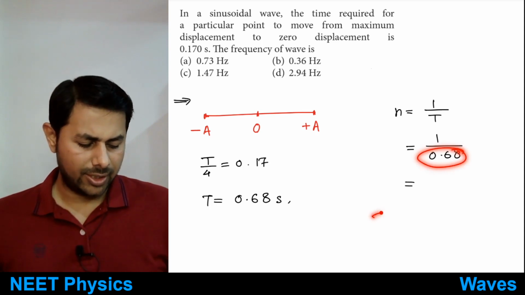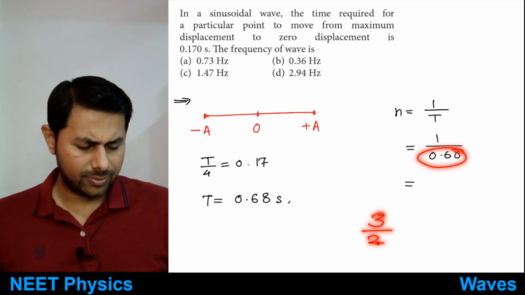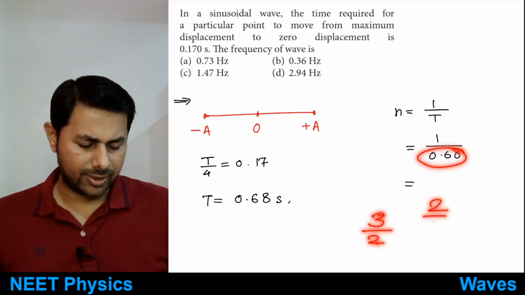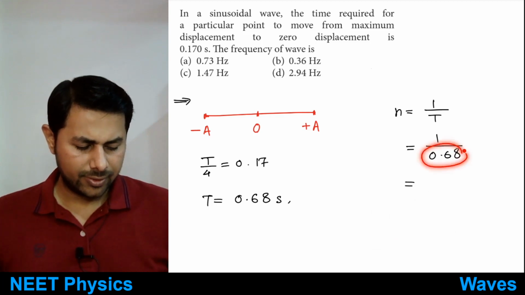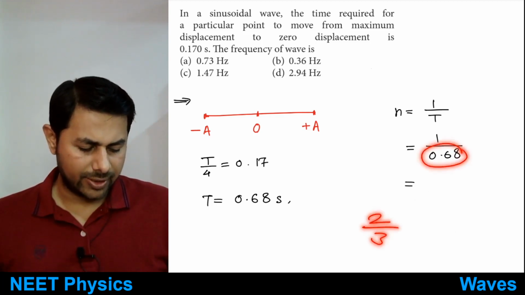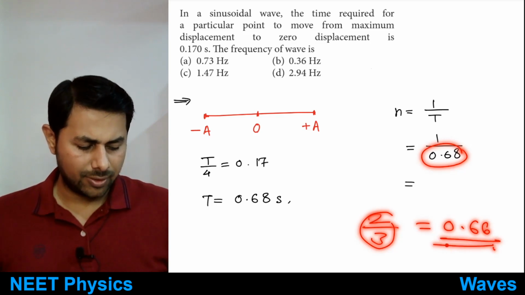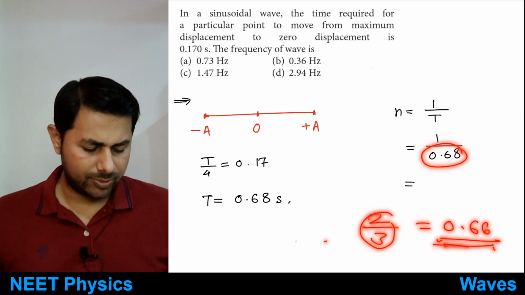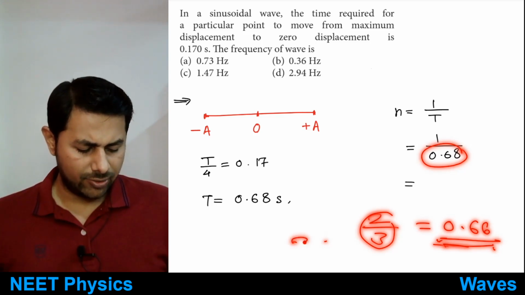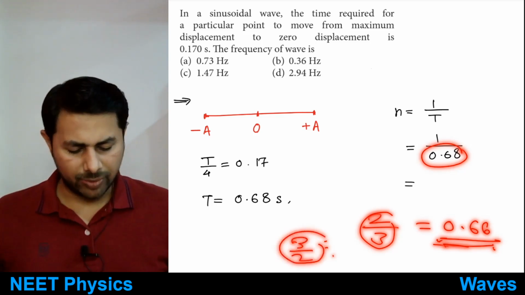Or nearly you can say this is 2 by 3. 2 by 3 would be 0.66, no? So if you take the reciprocal of 0.66 recurring, it would be 3 by 2. 3 by 2 means 1.5.